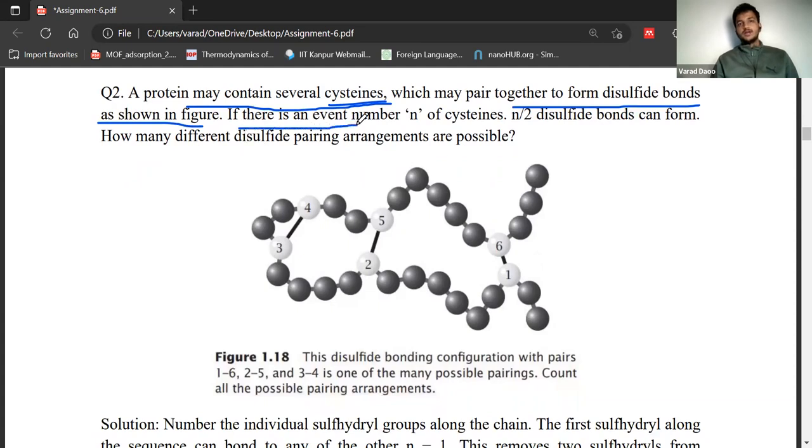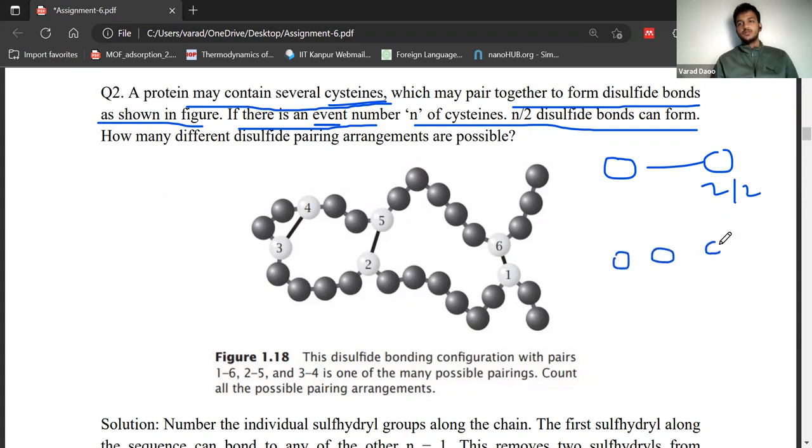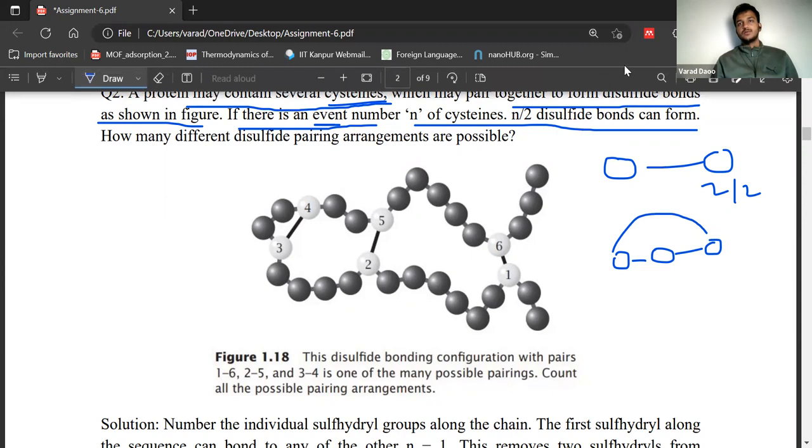So if there is an even number n of cysteines, n by 2 disulfide bonds can form, right? If we have 2, there can be one bond, like this. So how many bonds? 2 by 2, right? If we have 3, how many bonds can we form? It is 2, right? And maybe one like this. Oh, sorry.